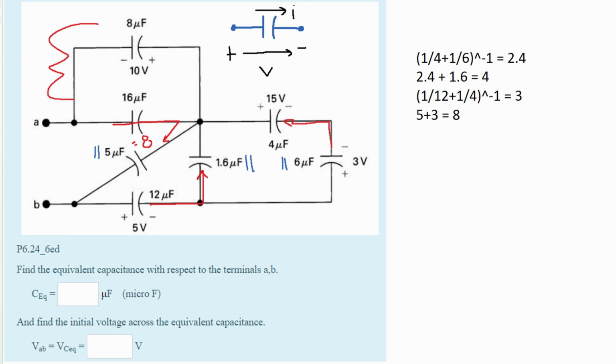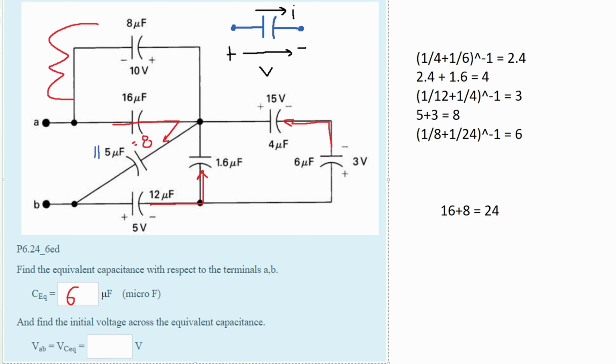So we are going to have 16 plus 8, which will give us 24. Now our 24 and our 8 microfarad capacitor equivalents are in series. So we have to do that formula where it's 1 over the first capacitor plus 1 over the next capacitor. The order doesn't really matter. Raised to the negative first power, and this is going to give us 6. So we have 6 microfarads as our answer.